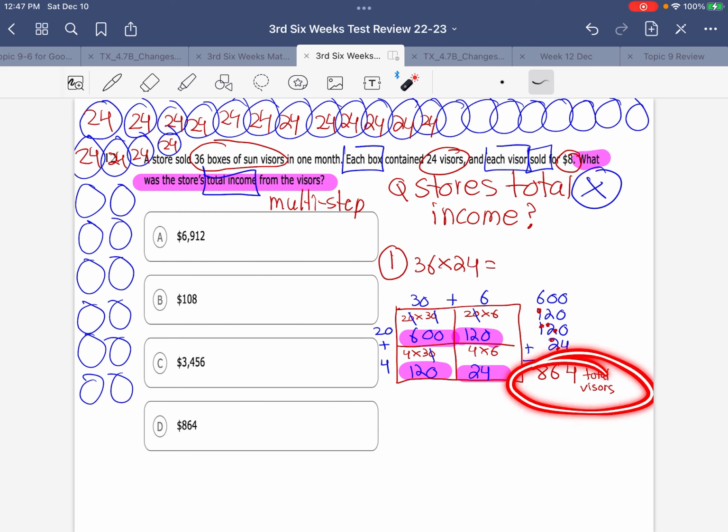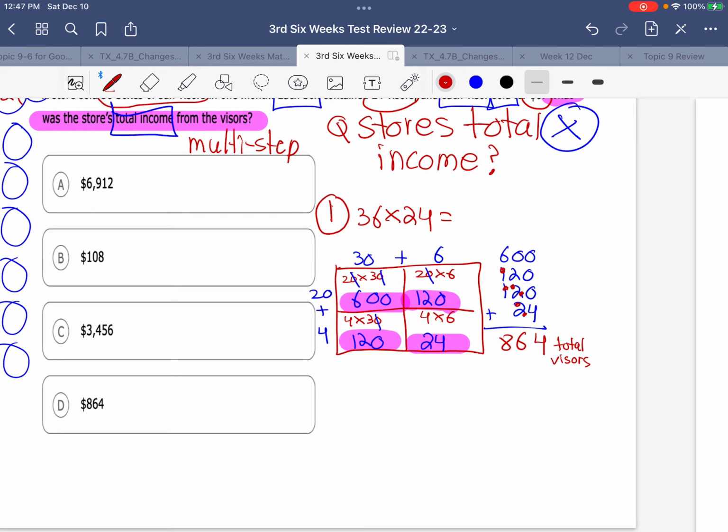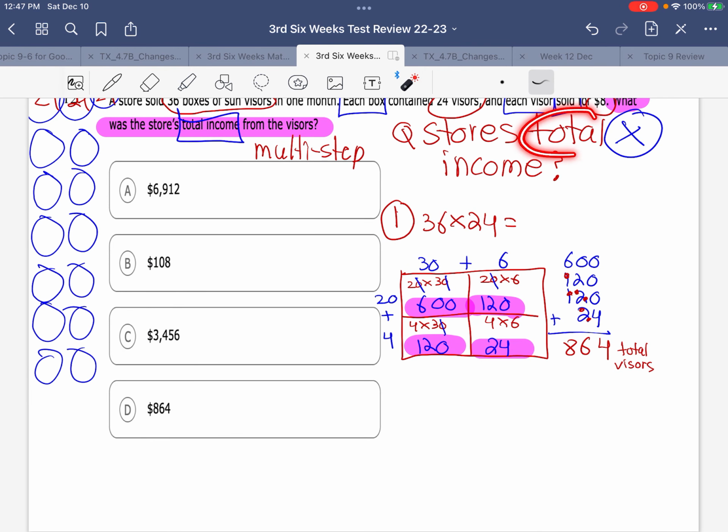Oh, wait, I already found it. I know there's 864 visors. So now I need to figure out if each one costs $8, how much is all the visors, the total amount that they cost? So again, if I'm looking for total, I'm going to multiply.